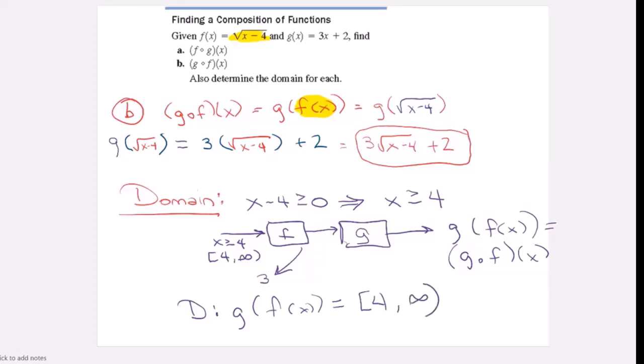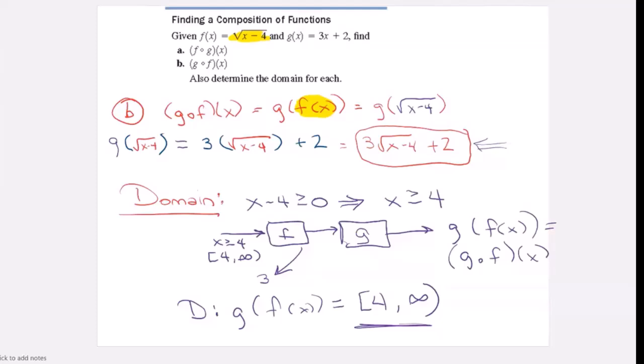So it can be 4 or anything greater, and that is how you do it. For this function, we only care about f of x. Once it passes through f of x, there's no holdup with g of x. So that's why the domain is only focused on f of x. Okay? And if we look at the composition right here, we can see that that domain is what works.